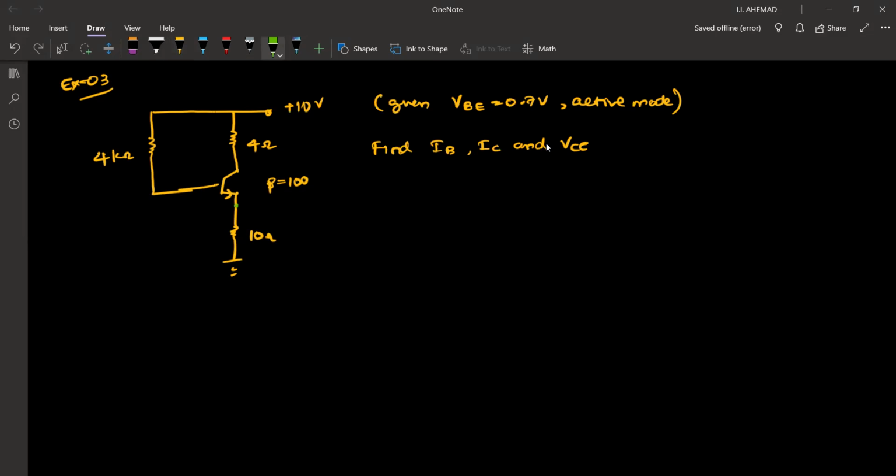Therefore, VE is not 0. It will have a certain voltage V, and the voltage over here will be V plus 0.7. Is the reason clear why it is not 0 this time? Because we have a resistor. And this is 10 volts.